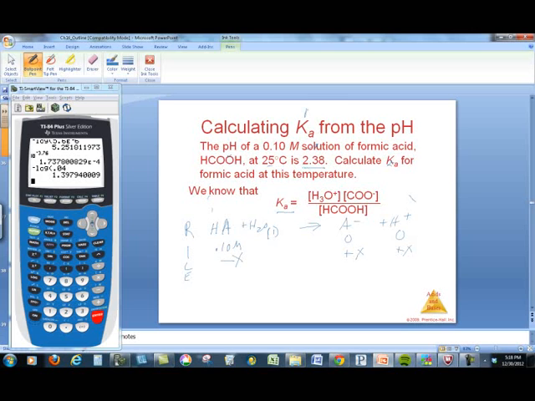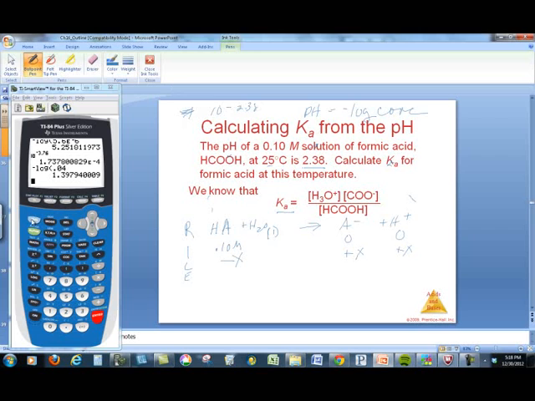And I know that pH is the negative of the log of the concentration, right? So the concentration is 10 to the negative 2.38, right?